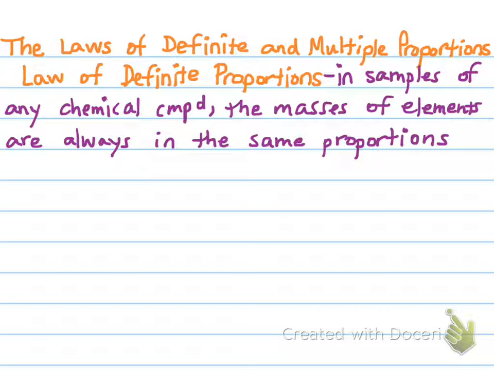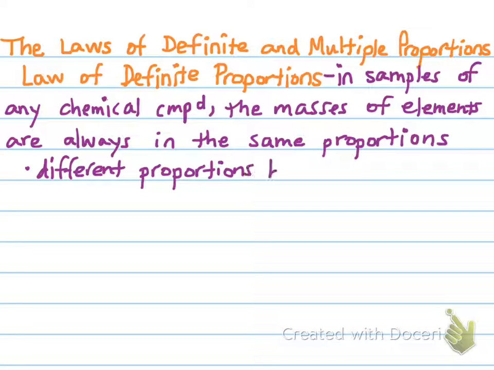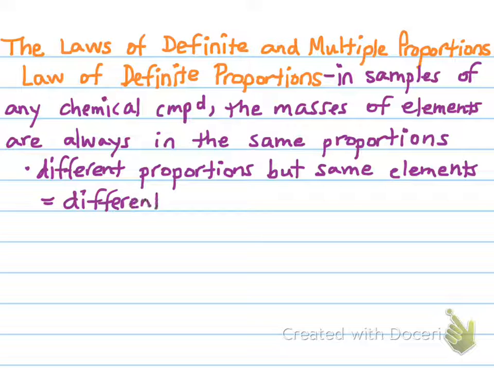What that also means is that if I have different proportions but the same elements, I have a different compound. Again, because if it was the same compound, the proportions would be the same.